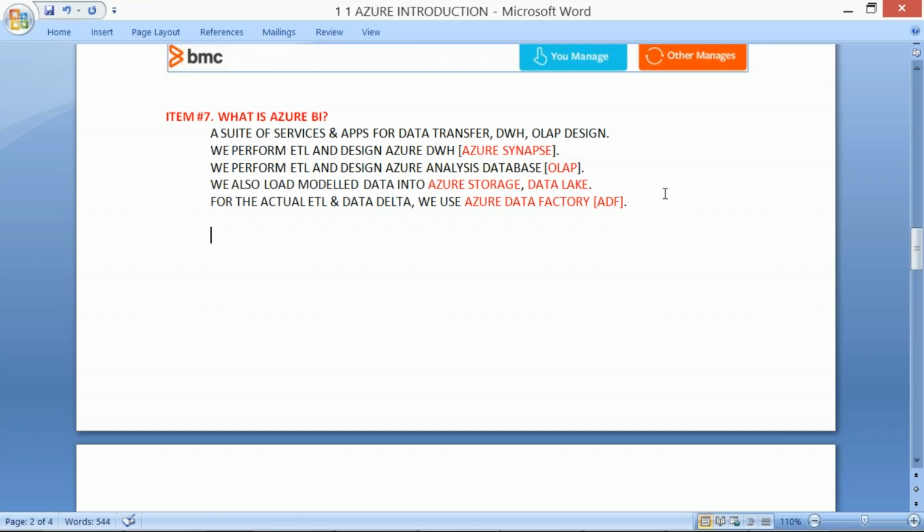In case you would like to learn more, then we have the next one, Azure. So for advanced ETL and in-memory data analytics, we use Azure Databricks.